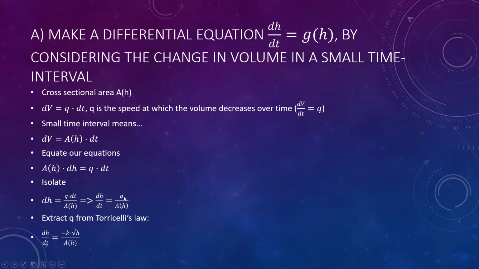Because Q is a part of this, and we remember that Q is from Torricelli's law, we can extract Q from Torricelli's law and insert it, in turn leaving us with dH over dt equal to negative K times the square root of H over A of H. And this is the differential equation that we're searching for, and that's the answer to part A of the assignment. This is the equation that we're going to be working with for the rest of the project.